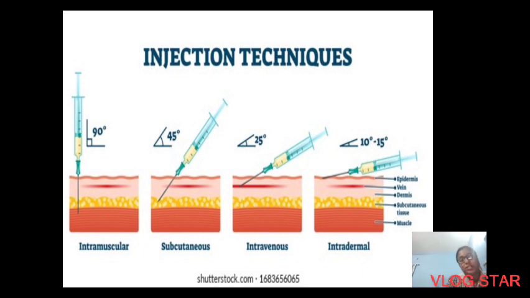Intravenous is the most common route other than the oral route. In the intravenous route, if the doctor desires to achieve a certain concentration of the drug in the blood in order to save the patient, intravenous is the best route. So this route is mainly used in case of emergency.